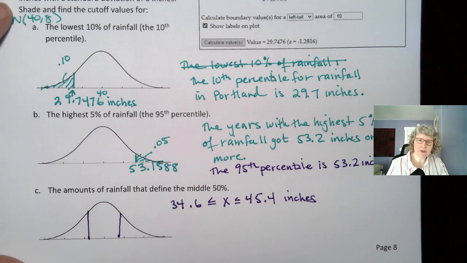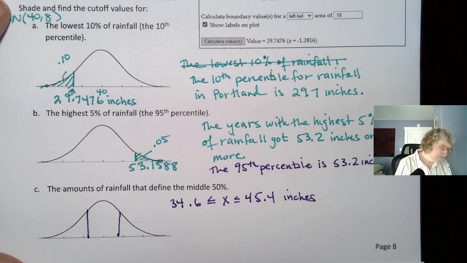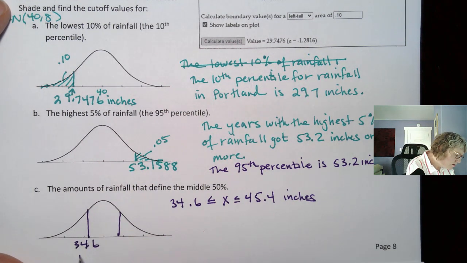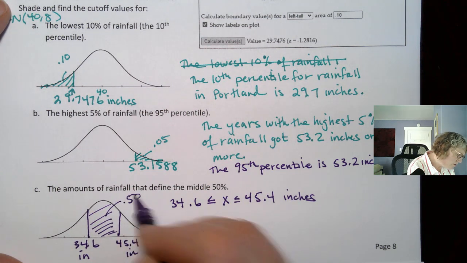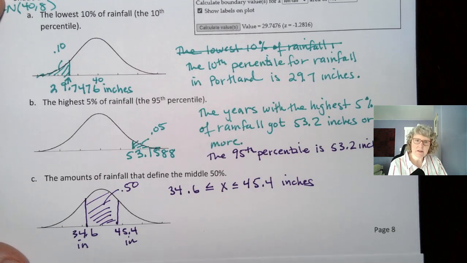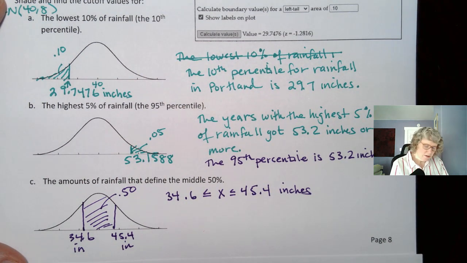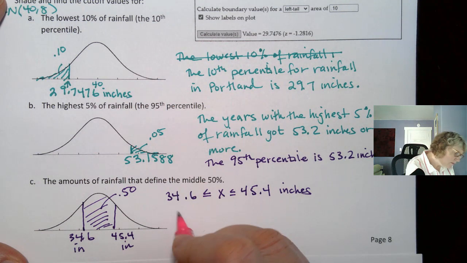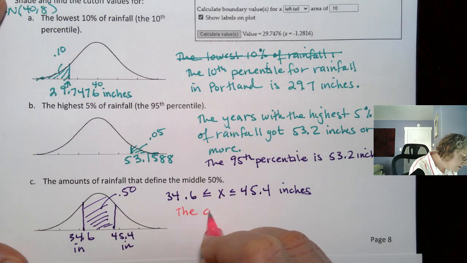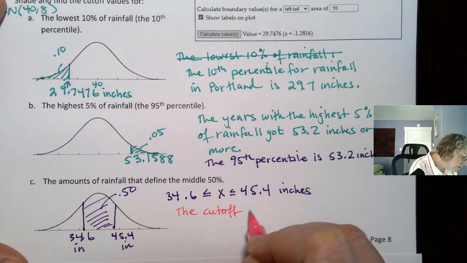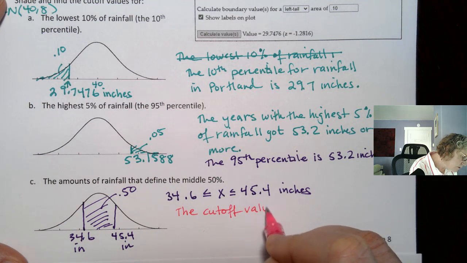Okay, so here I wrote it on the paper. 34.6 is the lower one, and 45.4 inches is the higher one, and that's the middle 50%. Okay, so we could say the cutoff scores, or the cutoff values, isn't really a score.